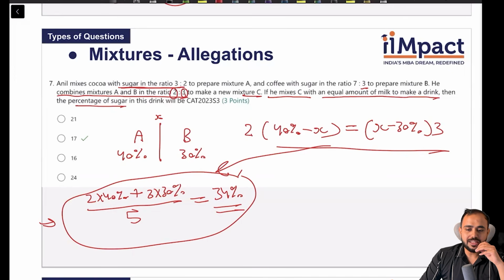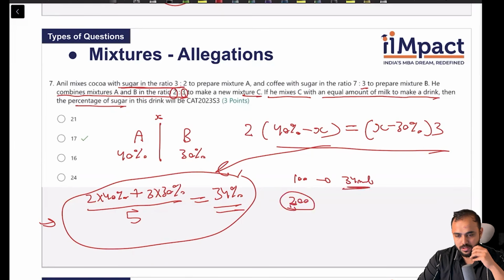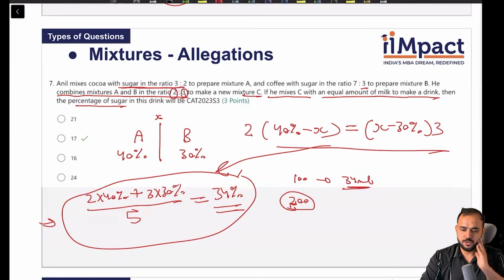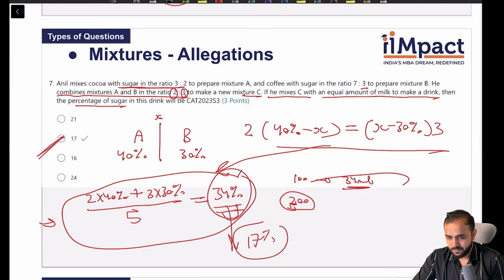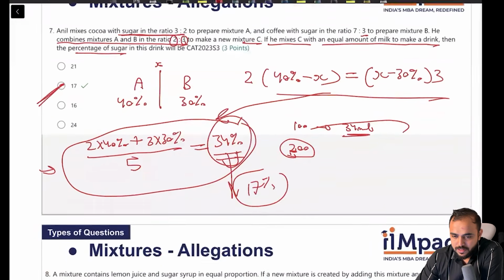After this, you can take the volumes and write that 100 ml had 34 ml of sugar, and now he added 100 ml of milk also, so total volume became 200, and 34 is the sugar in that. So 34 by 200 is equal to 17%, your answer. You could directly say that you have diluted it by half, so 34% will become 17%. Avoid this calculation. So the answer for this question becomes 17%.